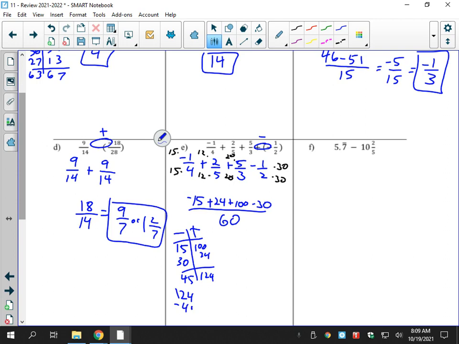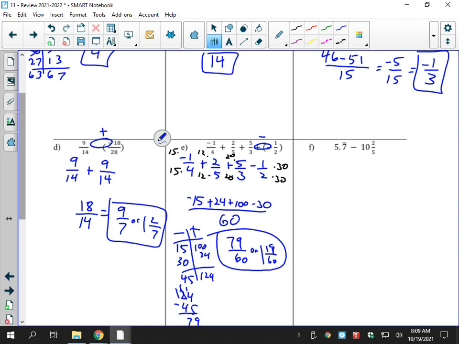So positives win by 79. Okay. So 79 over 60. Only common factor I would think to check here would be 3. 7 plus 9 is 16, so it's not divisible by 3. So we could say 79/60ths or 1 and 19/60ths.